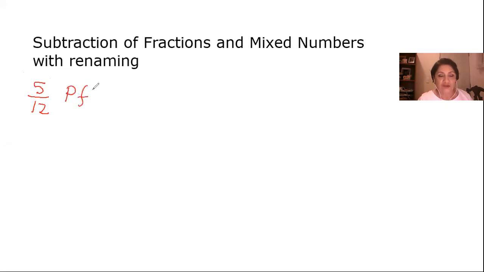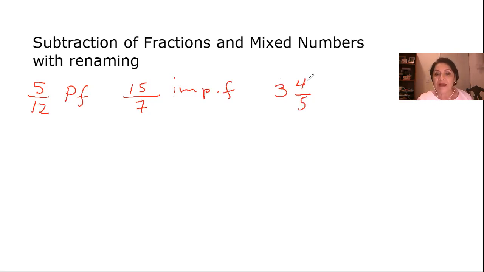And when we have, for example, 15/7, that is called an improper fraction. Why? Because the numerator is greater than the denominator. And the ones that have a whole number and a fraction are called mixed numbers.